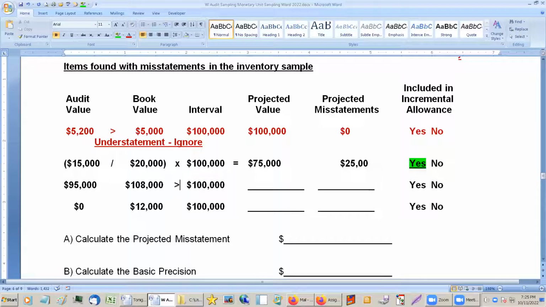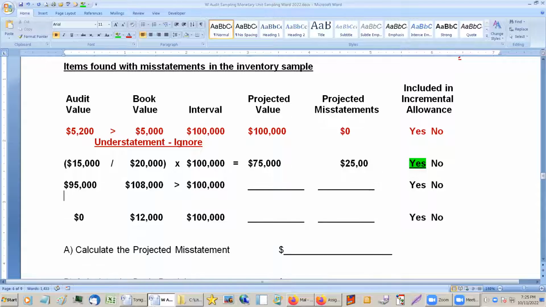This covers the entire interval. So we actually go to the actual misstatement for this one. So it would be 108,000 minus 95,000 equals 13,000.